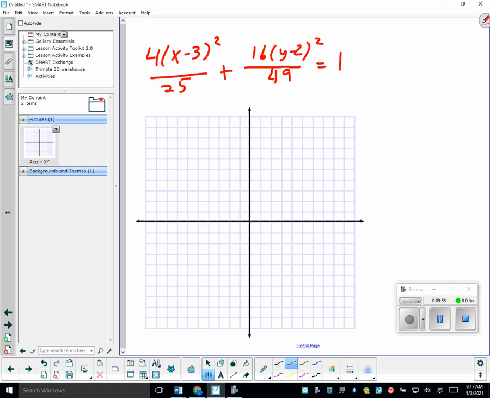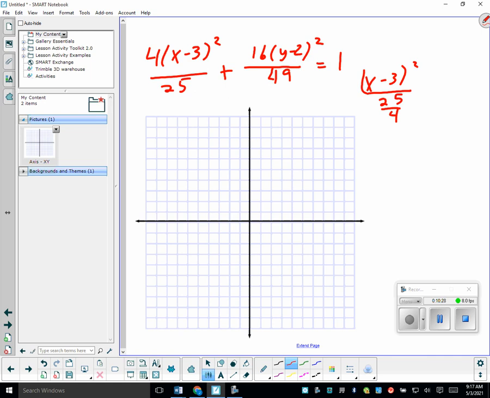All right. What you have to do for this one is understand math. This number right here is the same thing as x minus 3 squared over 25 fourths.